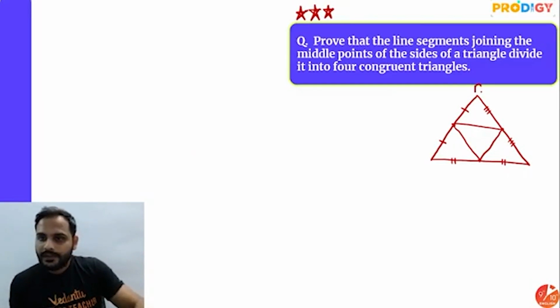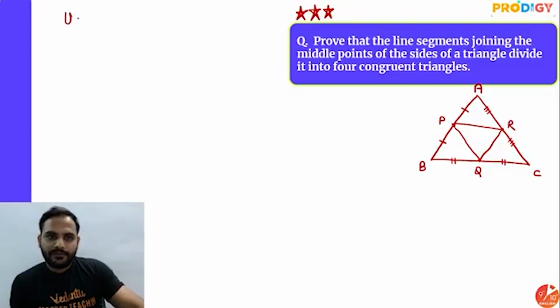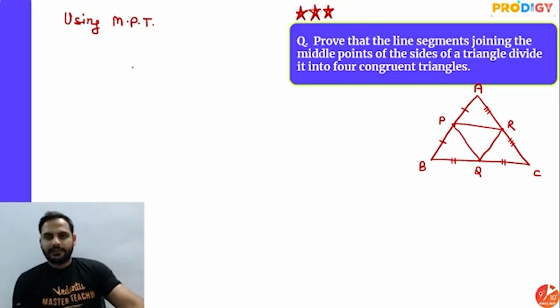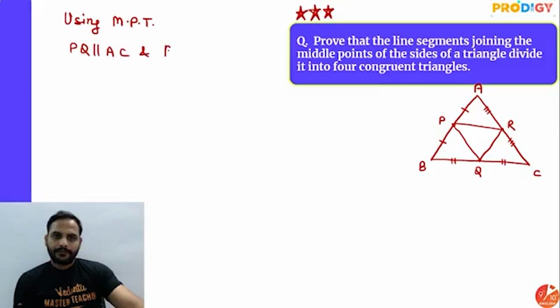Okay, so this is say A, B, C, and let's say the midpoints are P, Q, R. Now using the midpoint theorem guys, we can say very well that PQ will be parallel to AC and PQ will be half of AC.